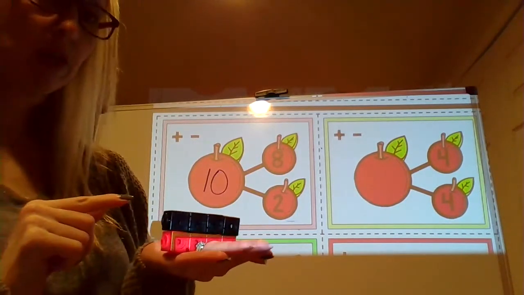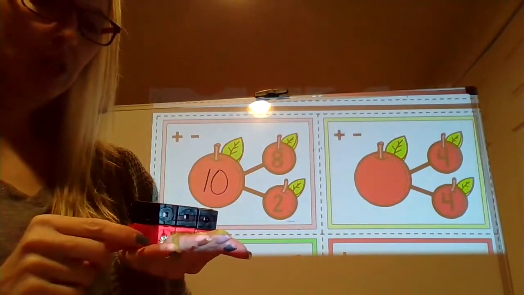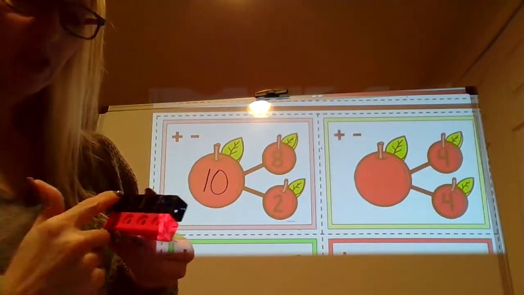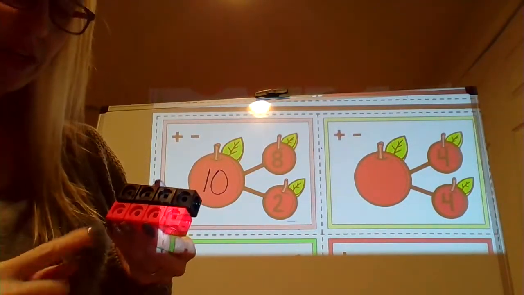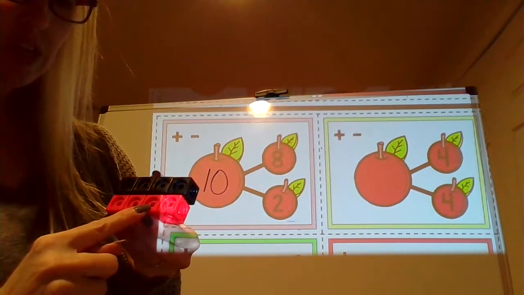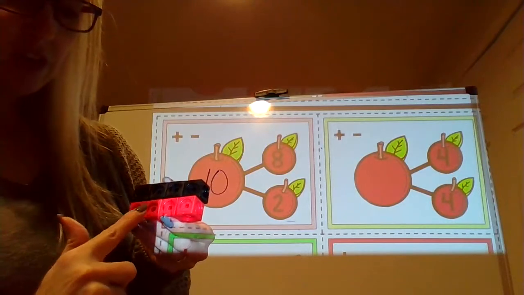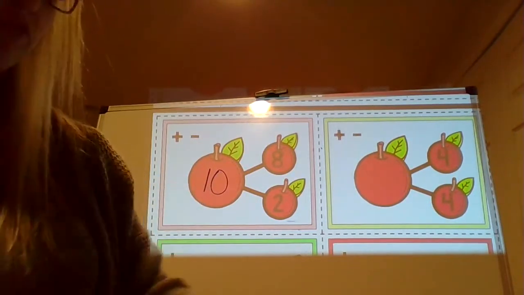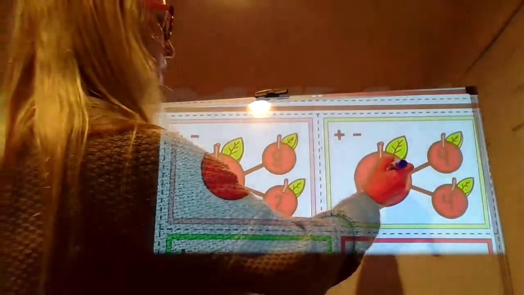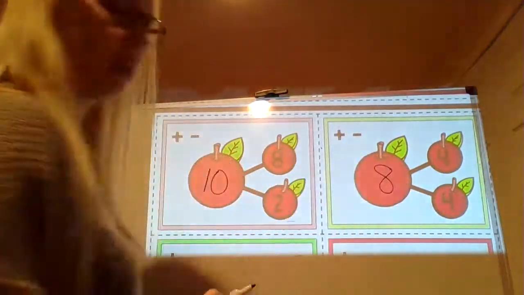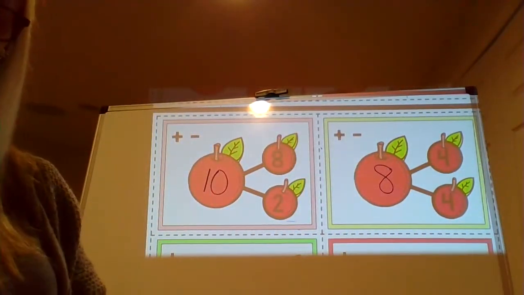Well, there isn't a bigger number because 4 and 4 are equal. So I'm just going to start with the top one. So 4, and I'm going to count on. 5, 6, 7, 8. I'm going to do it again. 4, 5, 6, 7, 8. 4 plus 4 equals 8.